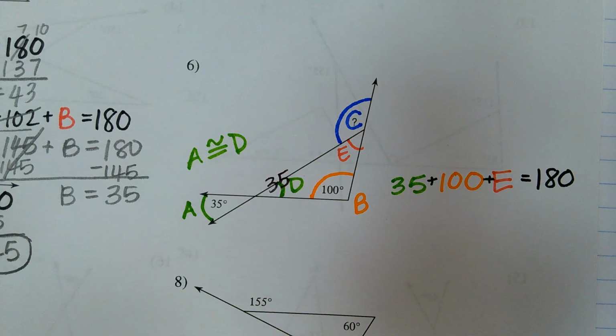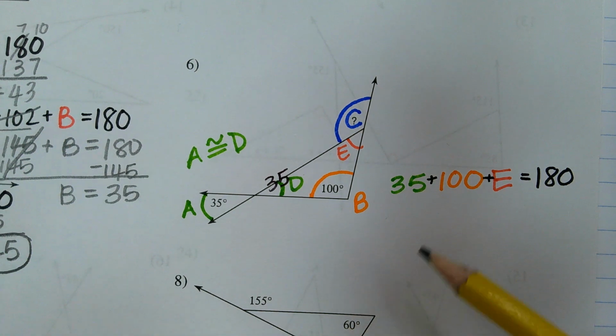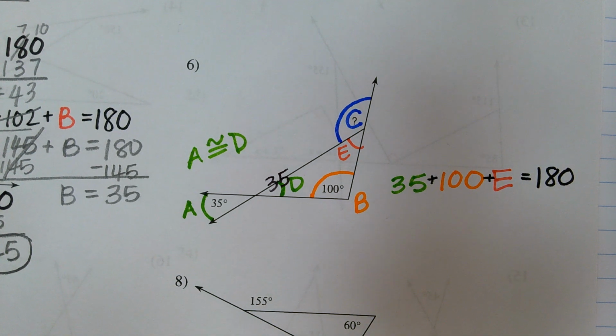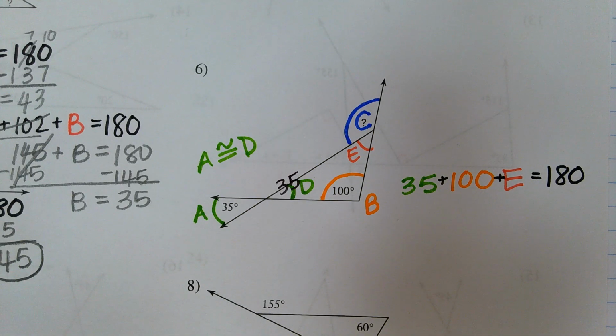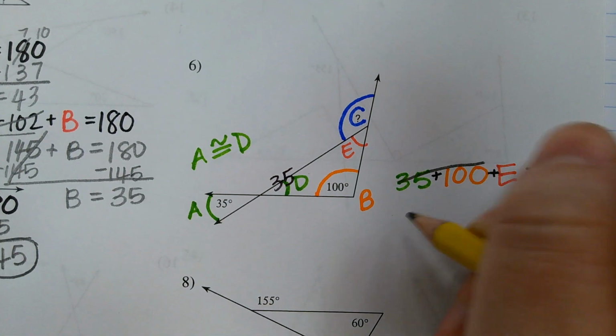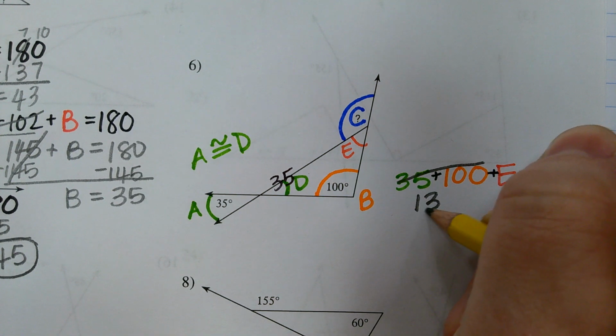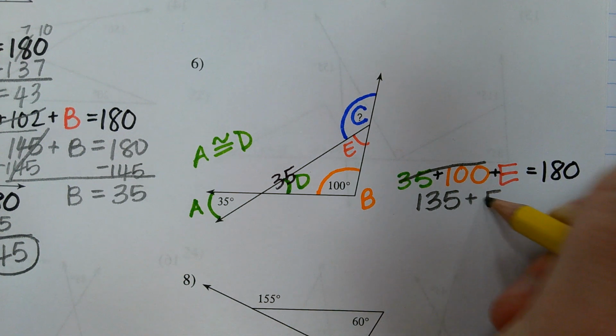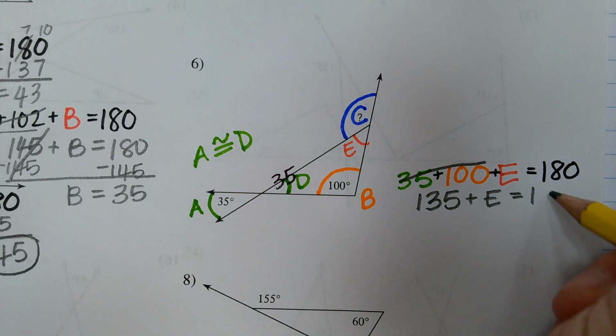So I'm looking at this equation. How am I going to solve it? 35 plus 100, what's that make? 135. We'll bring the rest down. Plus E equals 180.